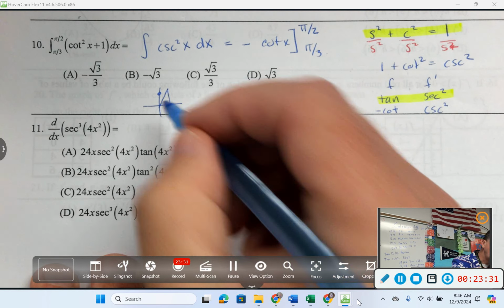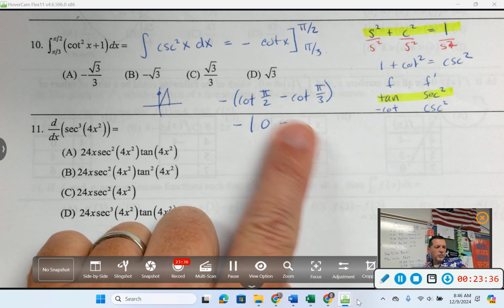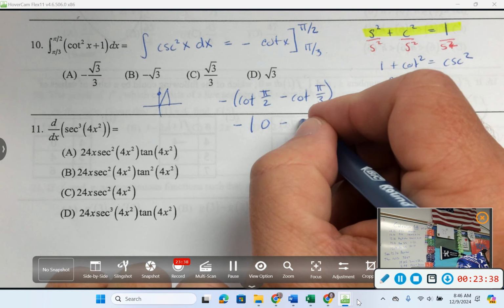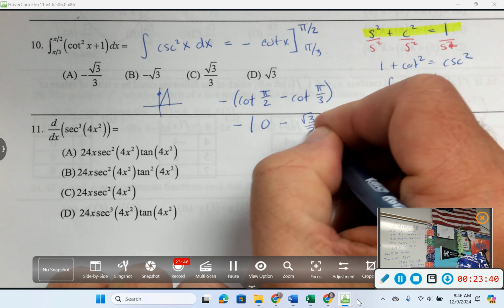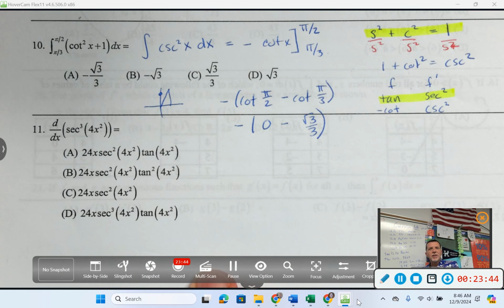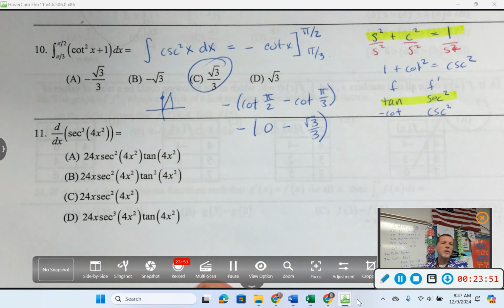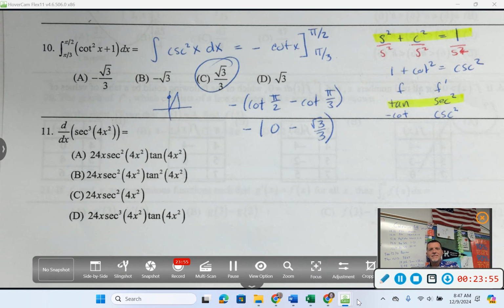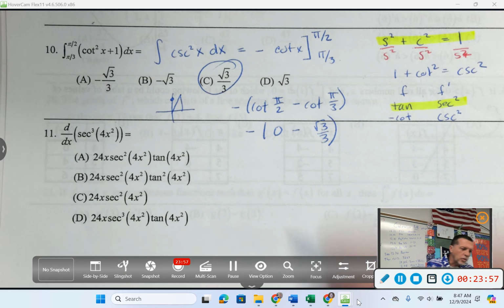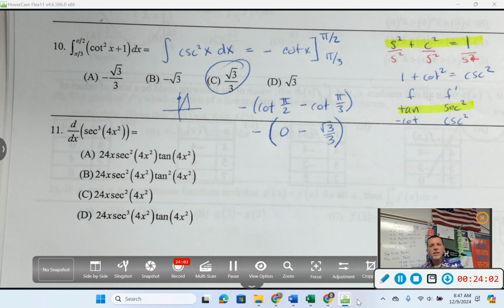I could do x over y, but I remember that the tangent of pi over 3 is root 3, and if I flip it over, I get root 3 over 3. This is a trig question more than a calculus question. Two negatives make a positive, root 3 over 3. That's a parenthesis, sorry. There we go.